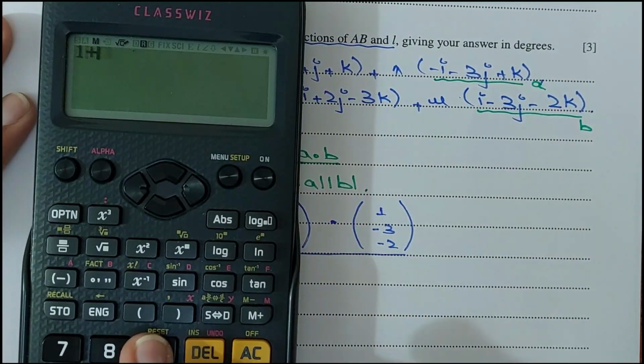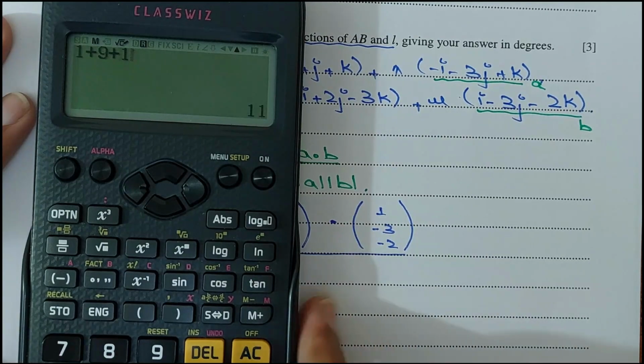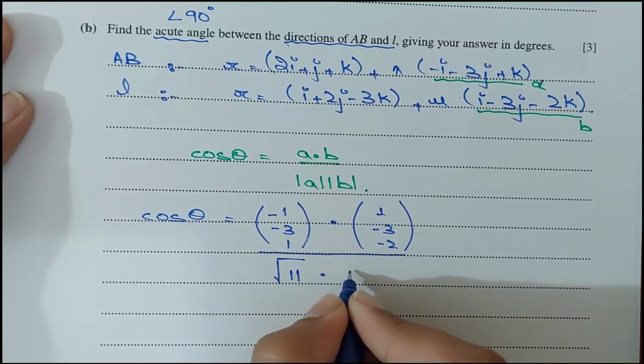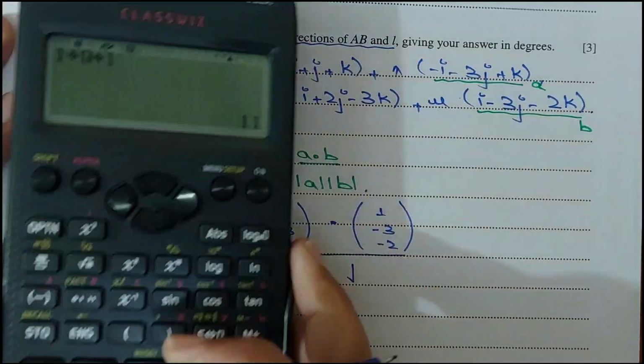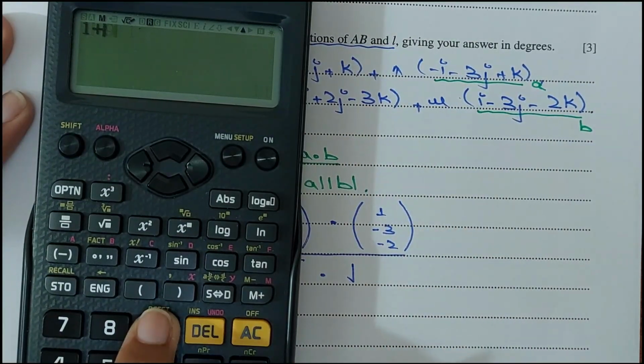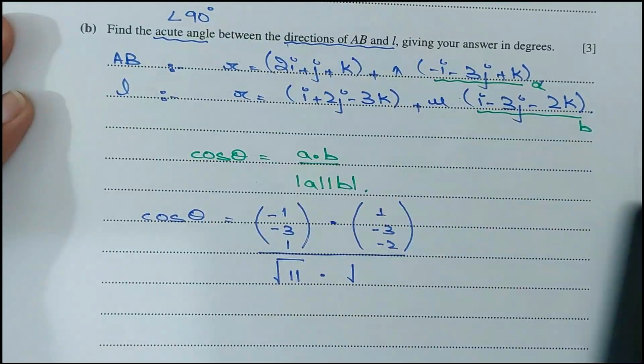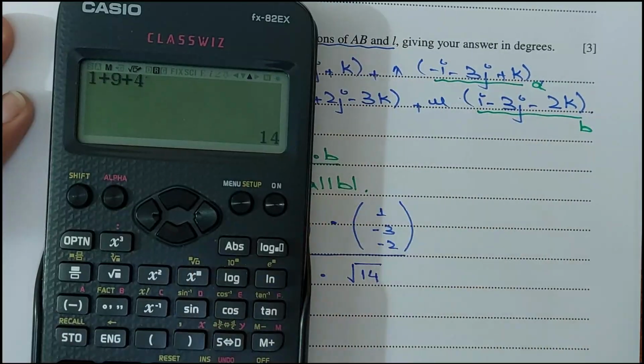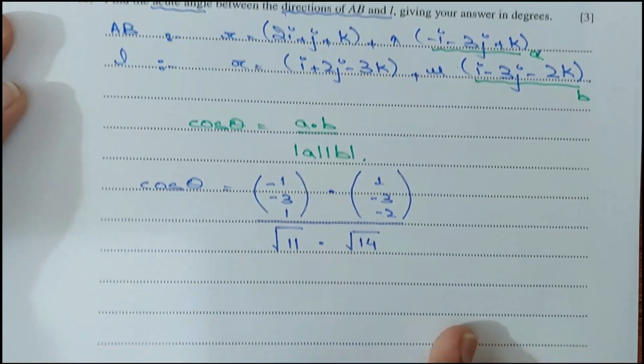1 square is 1, 3 square is 9 and 1 square is 1, so square root of 11, times the square root of the second one: 1 square is 1, 3 square is 9, 2 square is 4, which is 14. So the product of 11 and 14 is 154.